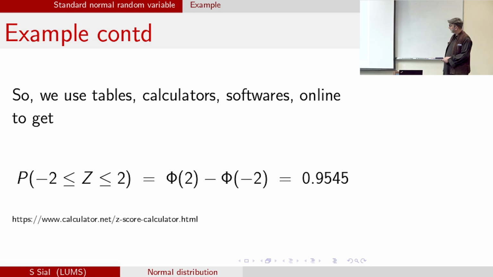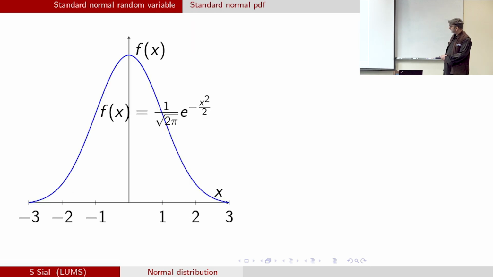So once again, 95% of the area under the curve is from -2 to +2. If we include from -3 to +3, we're going to get 97 something percent, probably. So almost all of the area under the curve is between -3 and +3.